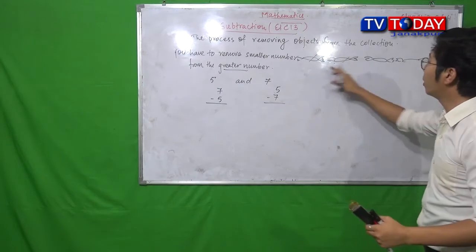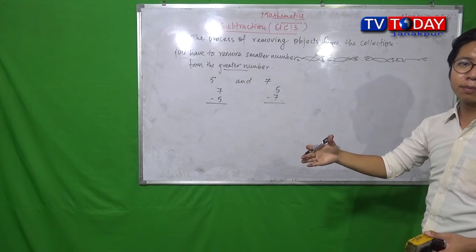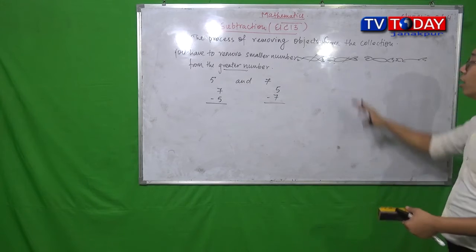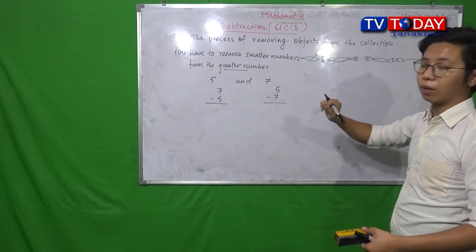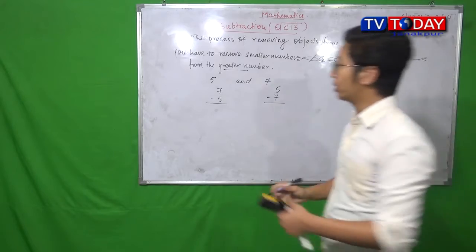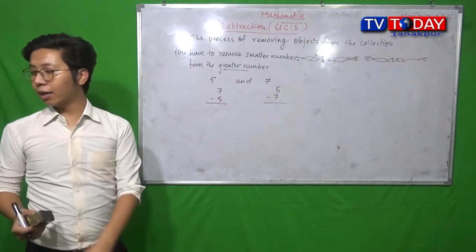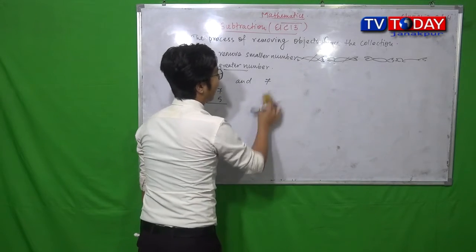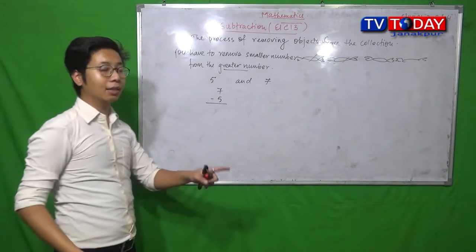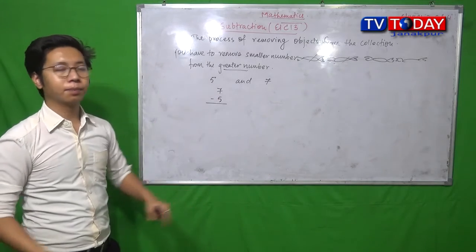No. Because you have only 4 chocolates, then how can you give 5 chocolates to your sister? So, in this way you can't subtract the greater number from the smaller number. While performing the subtraction, you have to subtract the smaller number from the greater number.